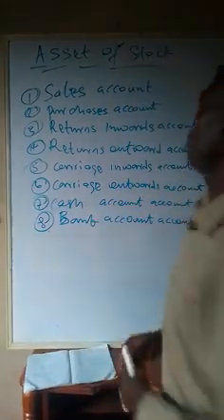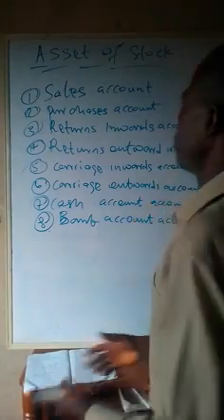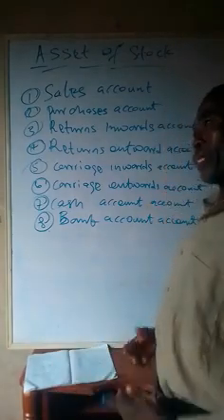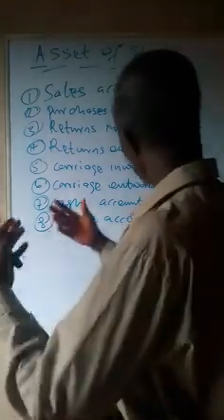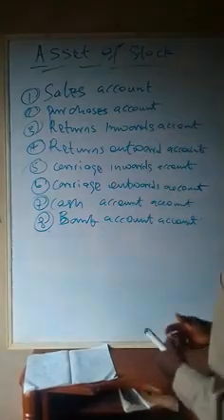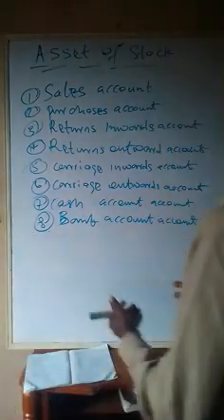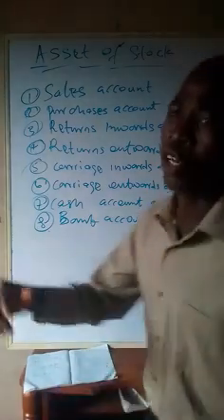For example, if the business is into the manufacture and sales of footwear or dresses, we are going to sell dresses, we are going to sell footwear. That is the ordinary activity of the business. That is what we deal in. That's why I call it asset of stock.